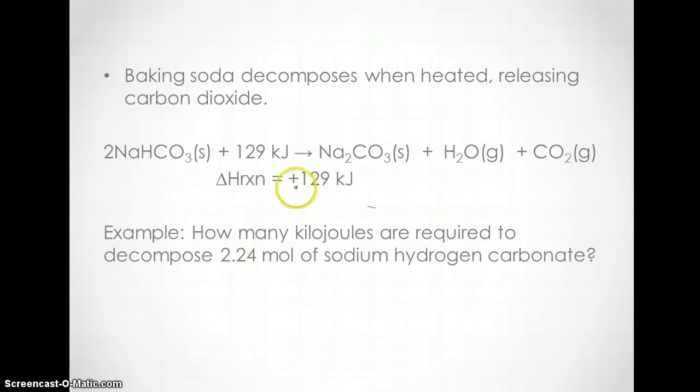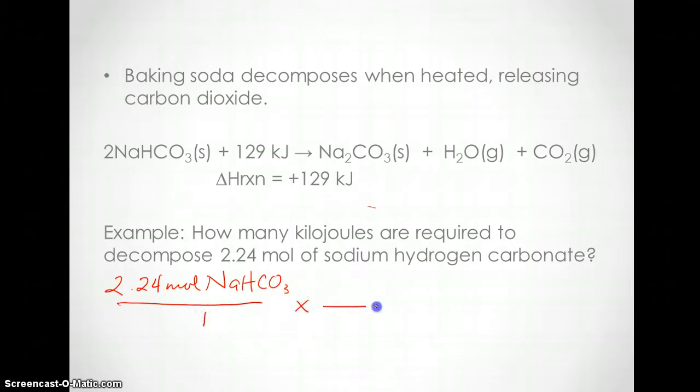Now, we can use our heat of reaction again as a conversion factor. So, how many kilojoules are required to decompose 2.24 moles of sodium hydrogen carbonate? So, start with what we're given, 2.24 moles of NaHCO3 over 1.